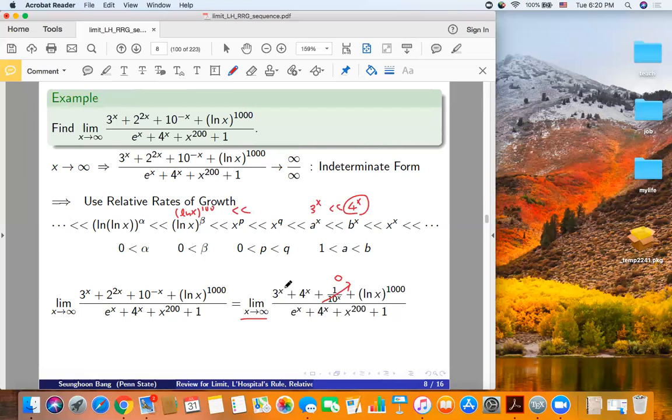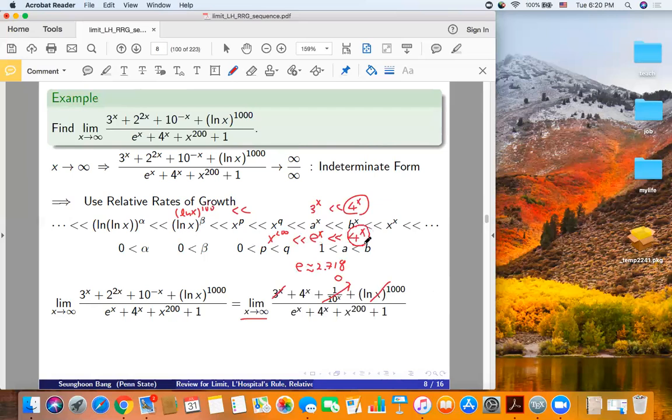You have to ignore the slow ones. The bottom one is e to the x. The e is 2.718, which is less than 4, so 4 to the x is growing faster than e to the x. Then x to the 200 is here, and we have this inequality.